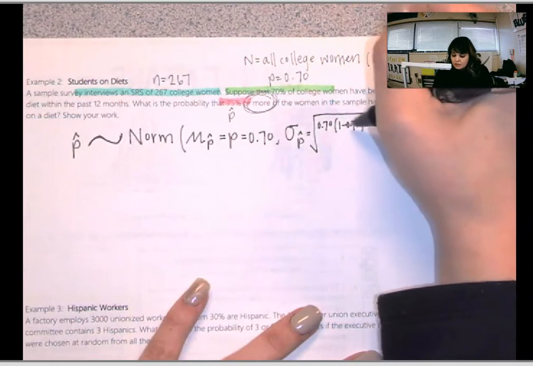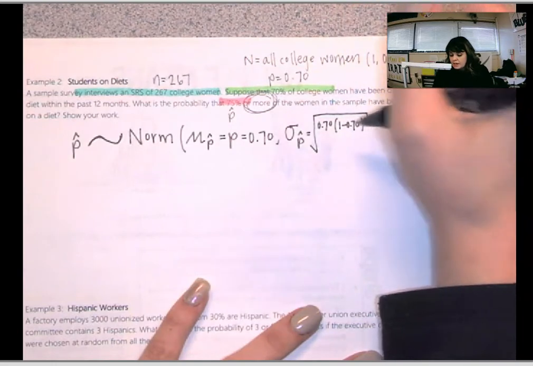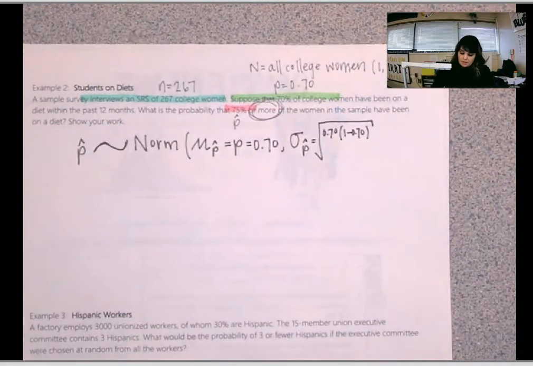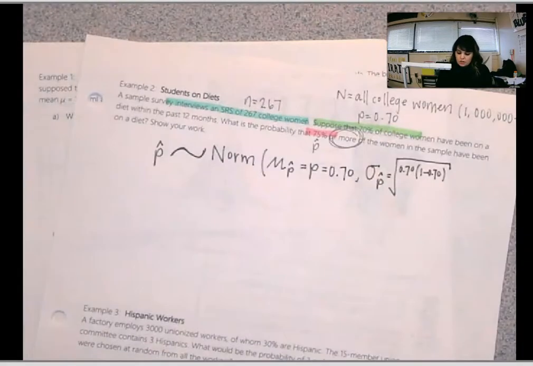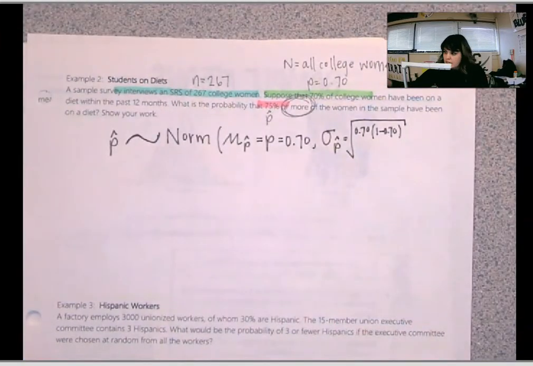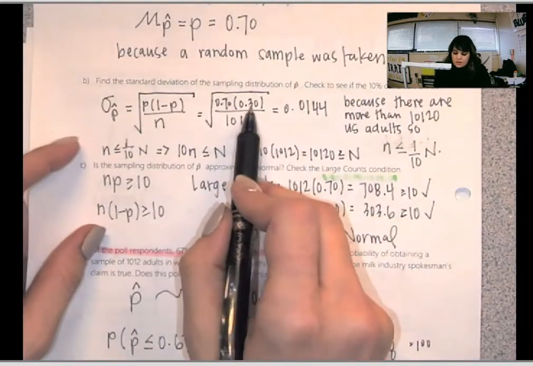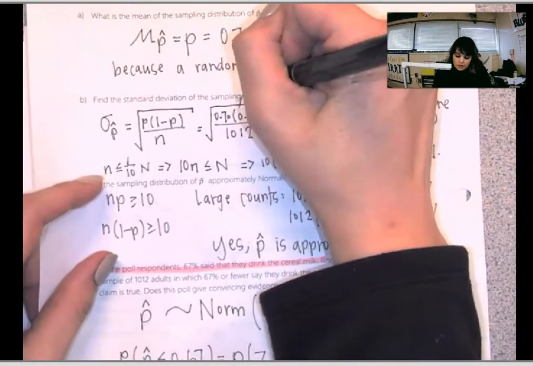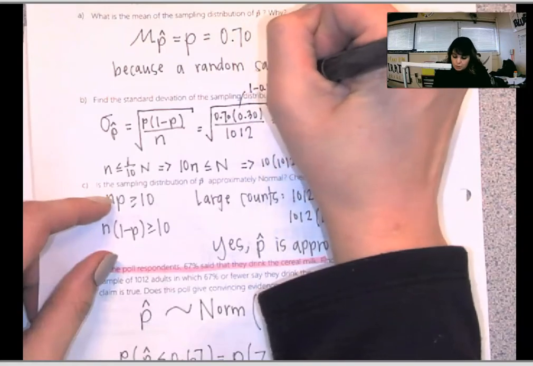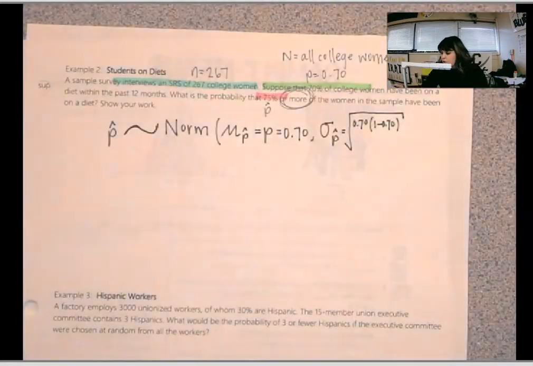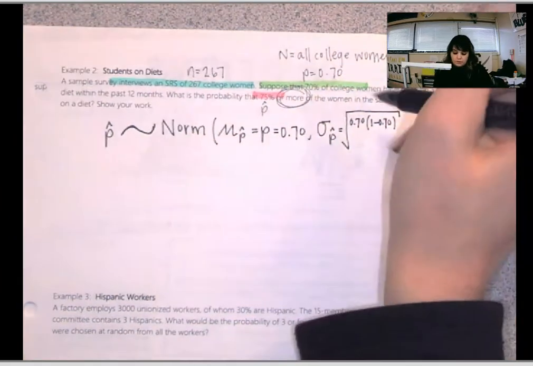So instead of just writing it as 0.30 this time, I've actually written the 1 minus 0.70 because I was a little bit concerned that in the last note sheet maybe I wasn't clear enough about where I got that 0.30. That 0.30 comes from doing 1 minus 0.70. So in this case, I've just written it out here for you just to be as clear as possible.